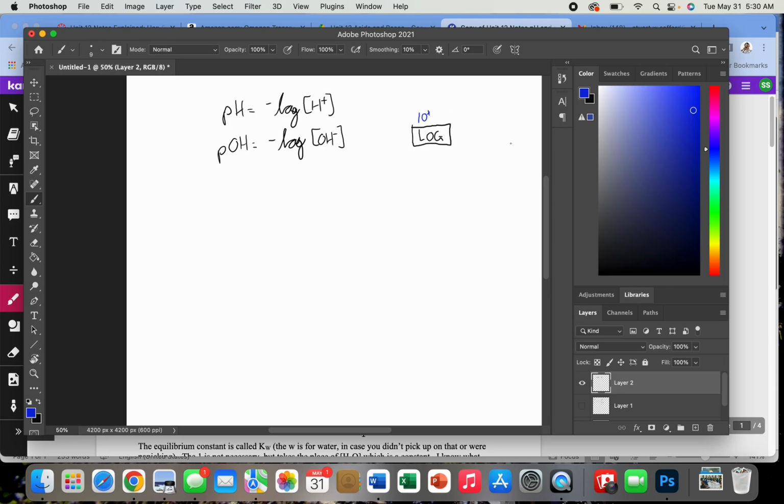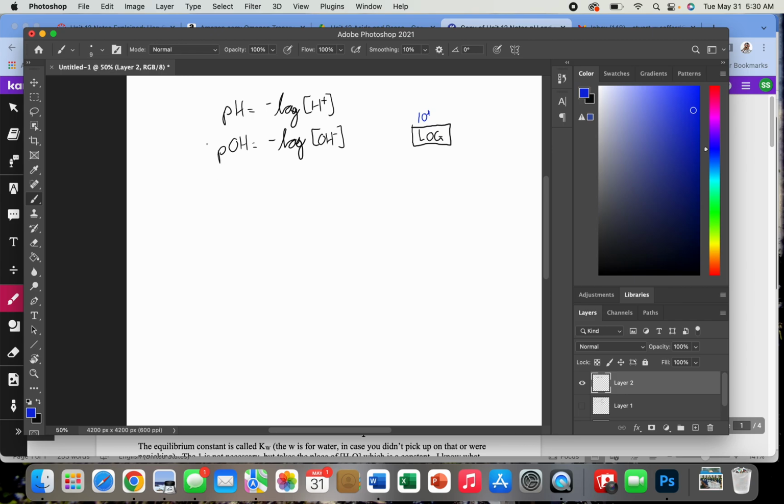And the point I'm trying to drive home with this is two things. One is the opposite of log is 10 to the x, and you can remember it from your calculator. In other words, you might wonder, how am I ever going to remember this relationship? And the answer is your calculator is printing it right in front of you.